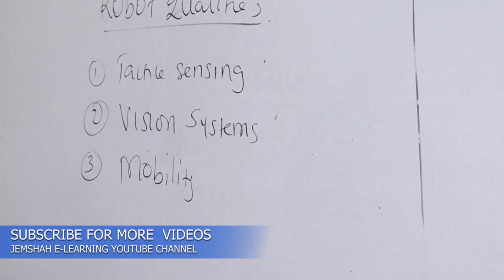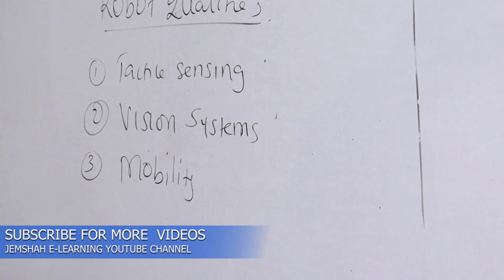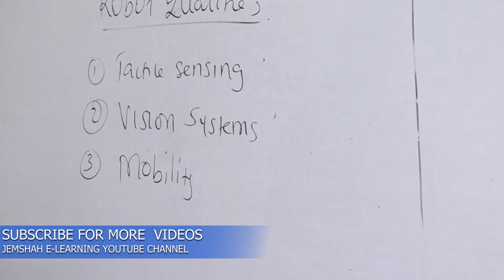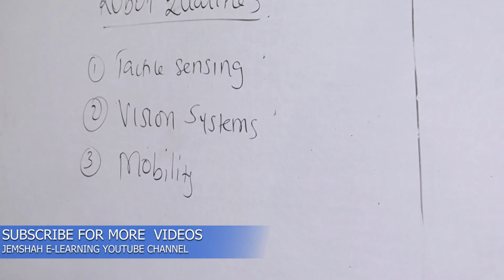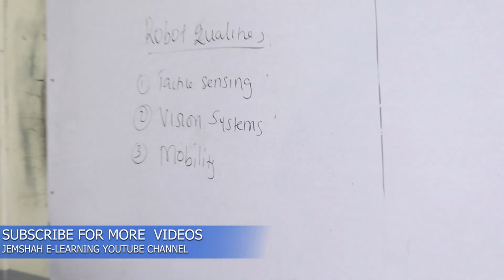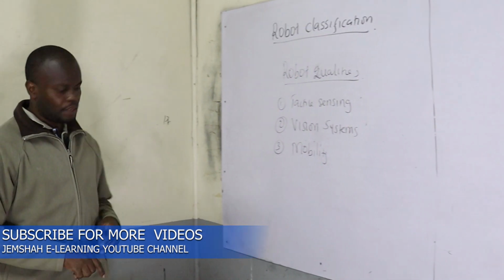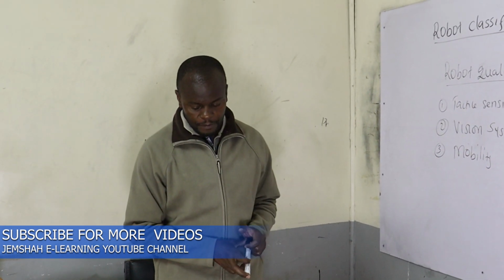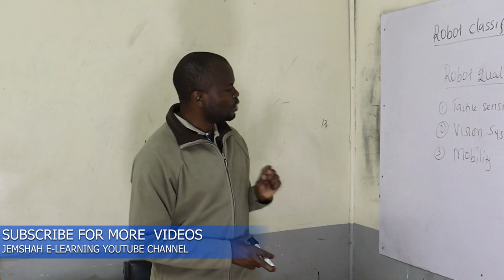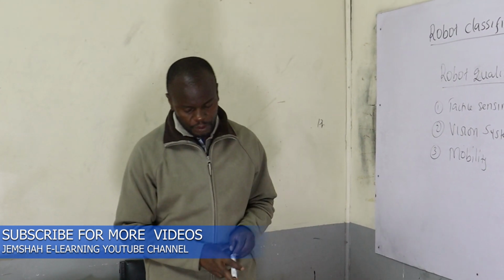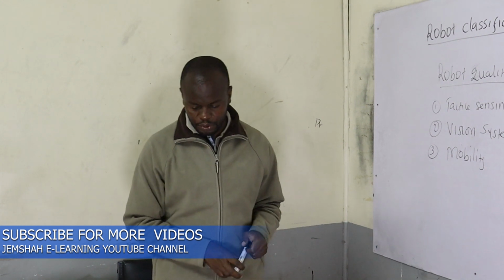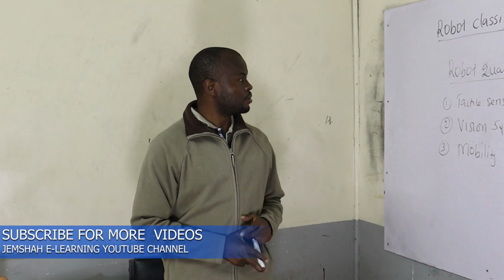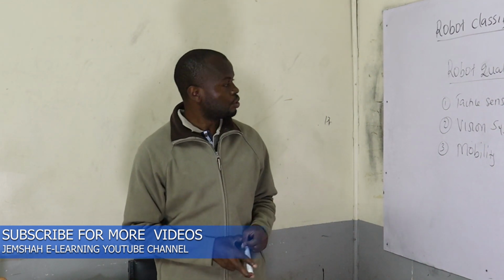Then we can also talk about inherent safety as another quality of the robot, as well as interaction with other technologies. In an environment, for example a manufacturing environment, there may be other technologies that have been used. It will be very important that this particular robot is able to work with those technologies without interference, and therefore interaction with other technologies is also a quality that a robot should have.